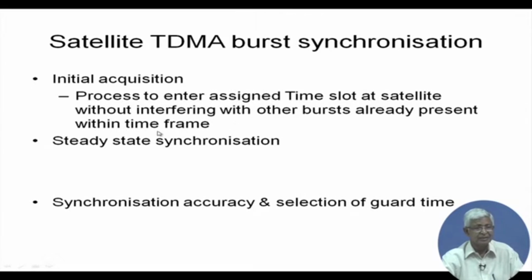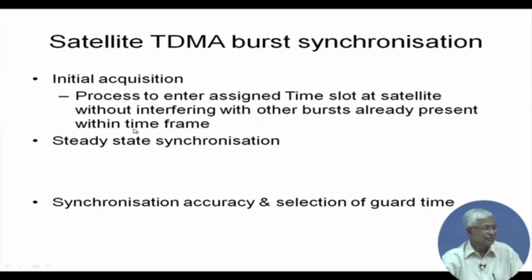You can imagine that, let us say there are 10 stations operating in TDMA mode. Each of them has been given some specific time slots for transmission of their burst, and station number 7 was not on, and it is joining the network. So, all 9 stations are working with their slots allotted and they are transmitting, and station number 7 is joining.